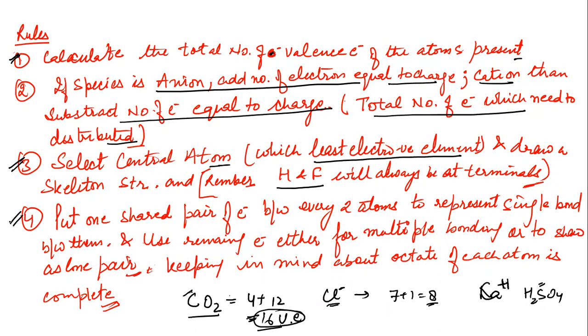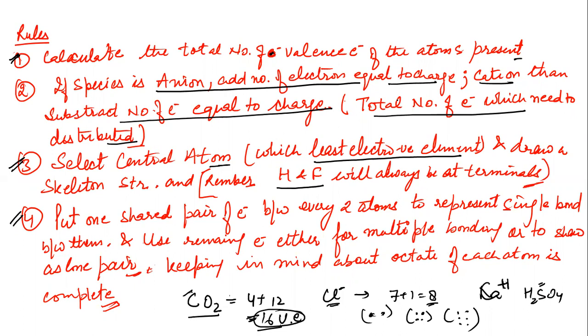Next point is to put the shared pair of electrons between the two atoms to represent the single bond. If you have to represent a single bond, this will be the representation, with two electrons. For a double bond, it will be something like this. For a triple bond, it will be six electrons: four electrons, and two electrons for the single bond.